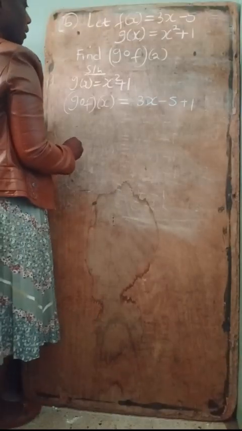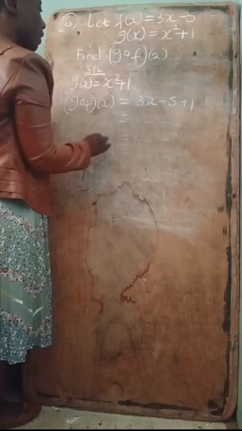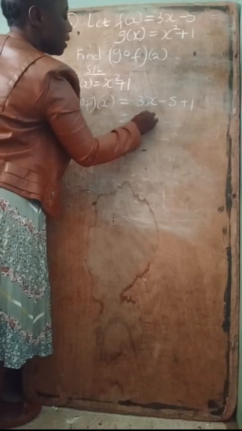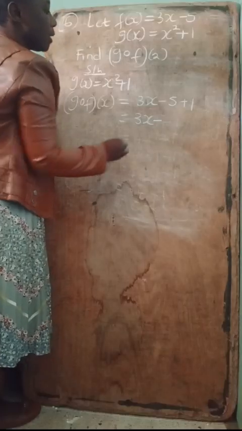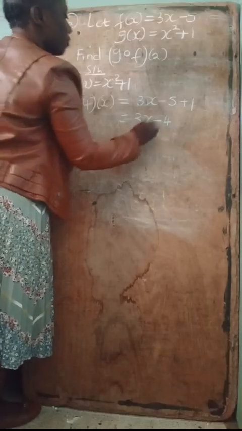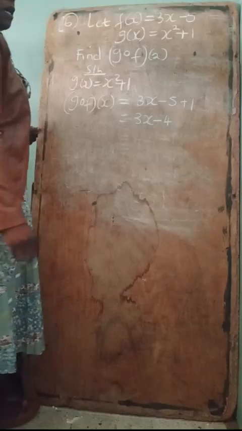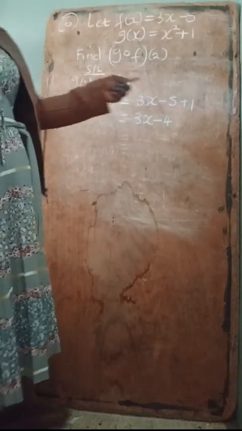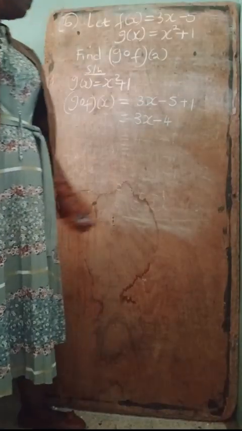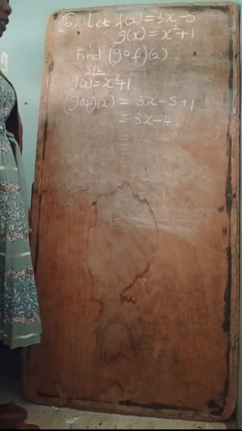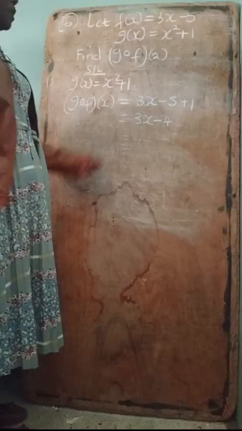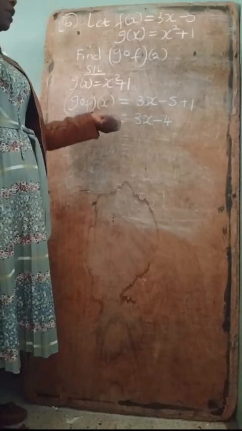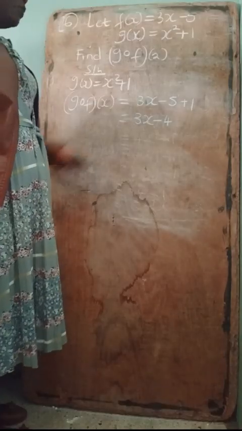Okay. So after combining this one, we're going to find that this is 3x minus a 4. So when we add the integers, we discover that different signs, we subtract and maintain the sign of the bigger number. Okay. So same signs you add and maintain the sign of the bigger number.